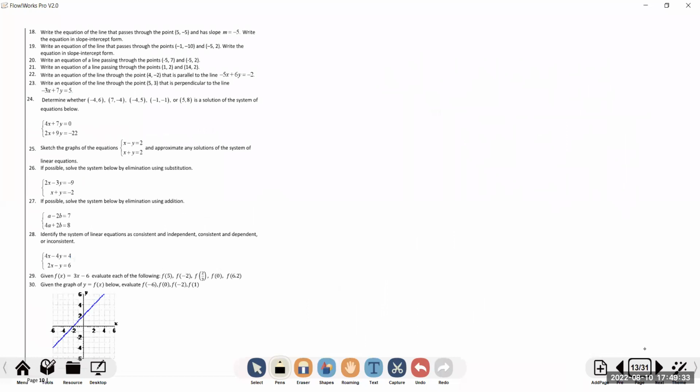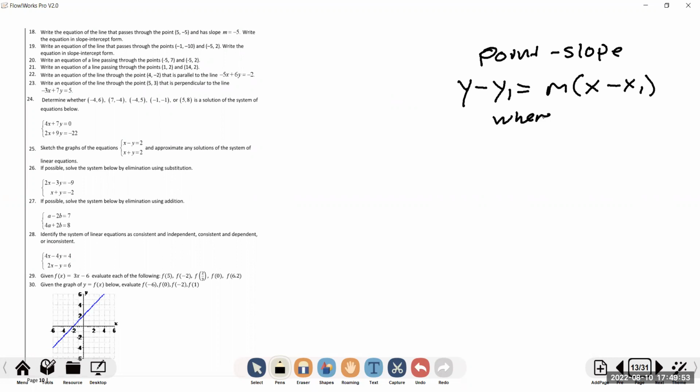Moving on to number 18: write the equation of the line that passes through the point (5, -5) and has a slope of negative 5. So we're going to need to use point-slope form here. Point-slope form is going to be used in many of the rest of the problems here. It is y minus y1 is equal to m times x minus x1, where (x1, y1) is a given point on the line.